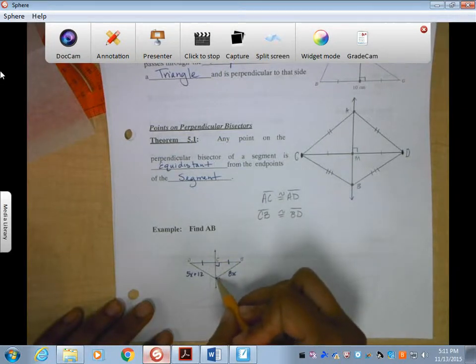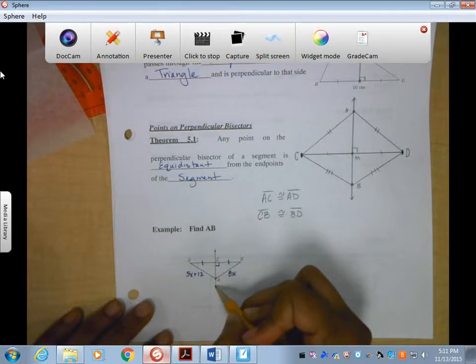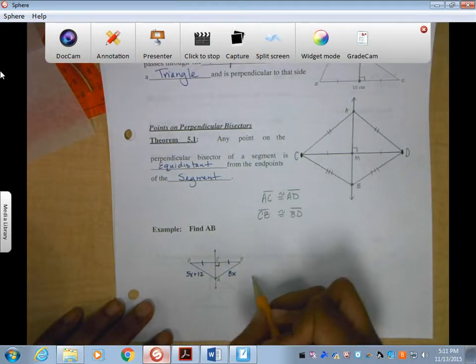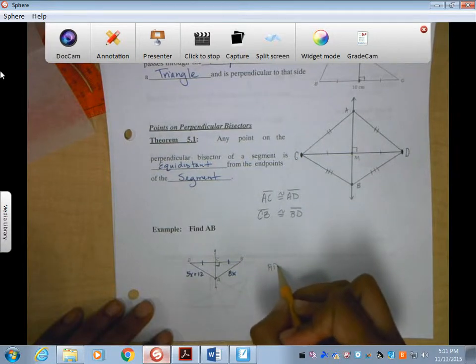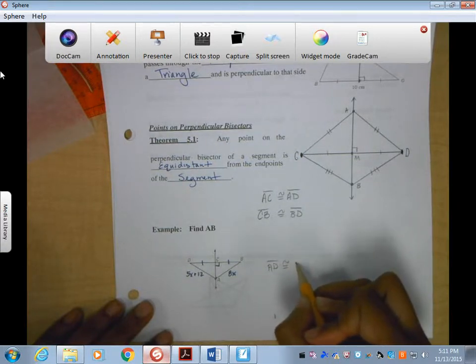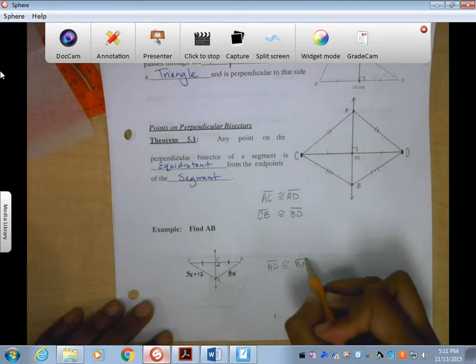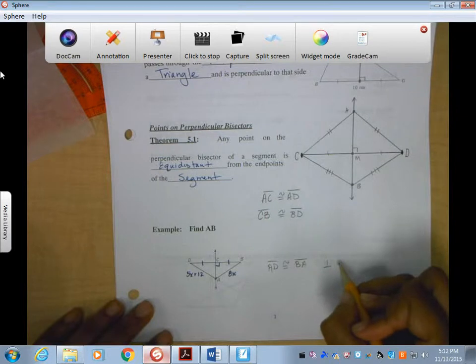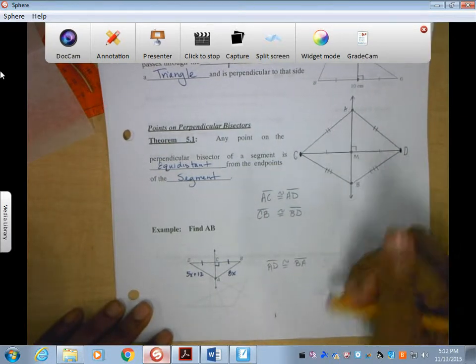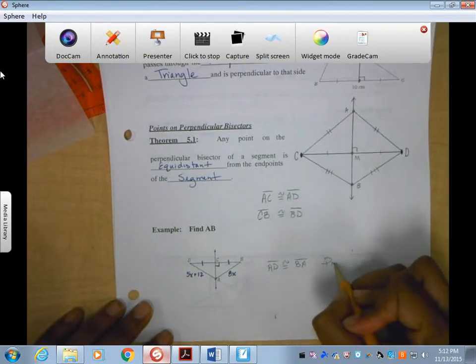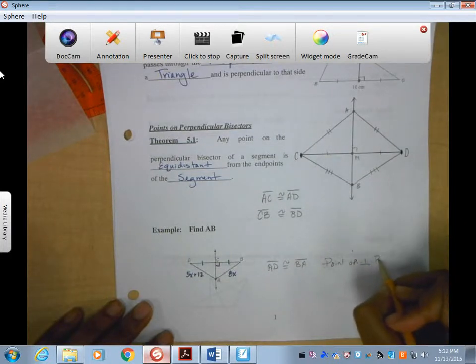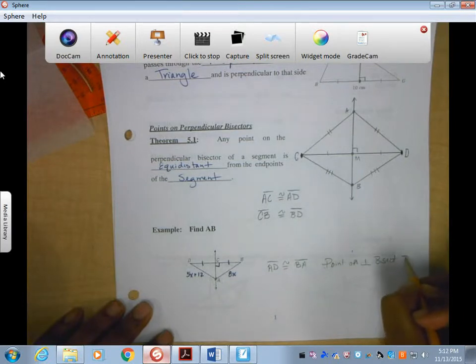And so A is a point on that perpendicular bisector, B and D are the endpoints of the segment, then I know that AD is congruent to BA or AB based on the theorem, or points on the perpendicular bisector theorem. Based on this theorem over here, 5.1.